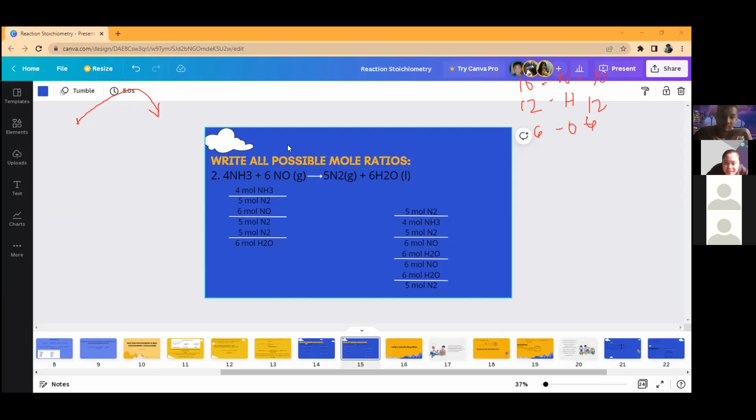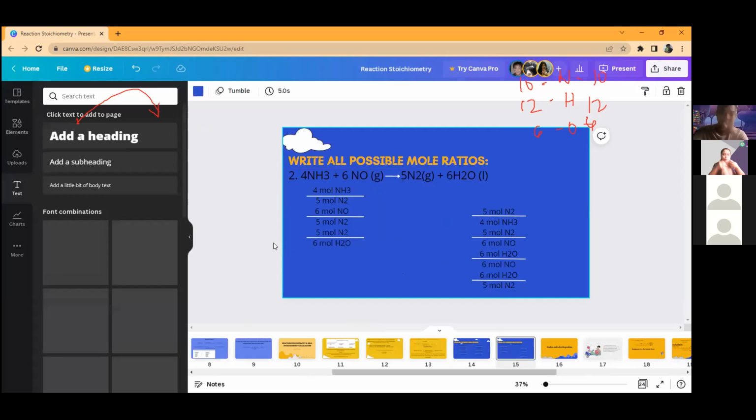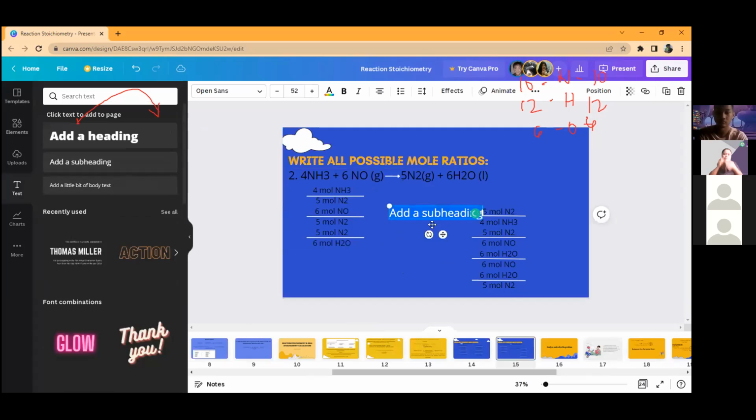Meron po yan sa spread. Sige daw, you check first if all the possible mole ratios have been included there sa inyong answer. It's the instruction, all possible. So you really have to write all the possible mole ratios.